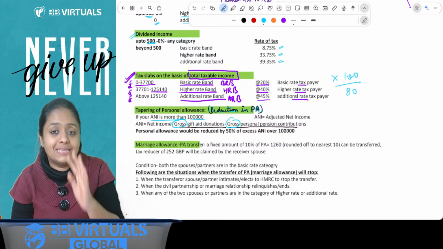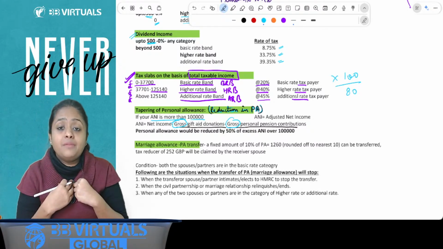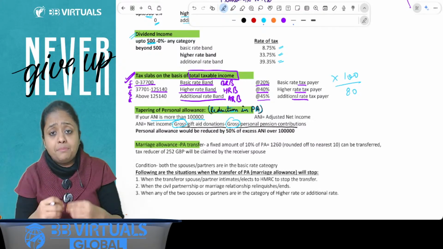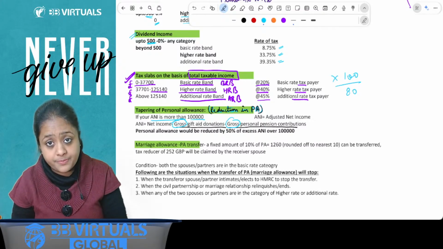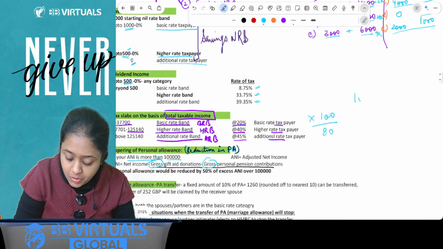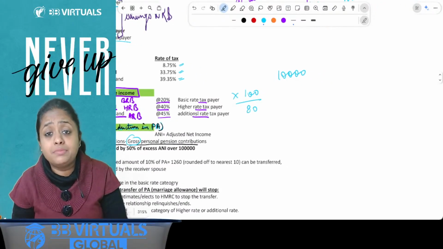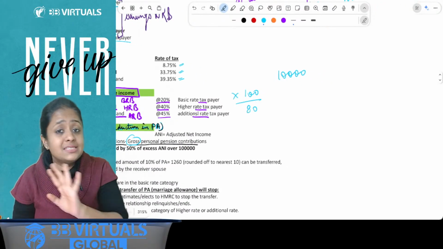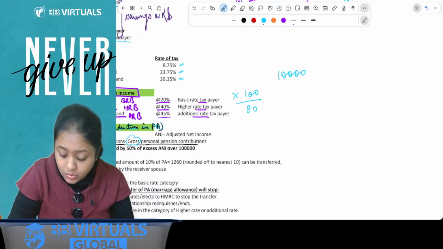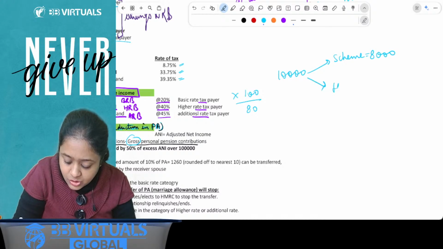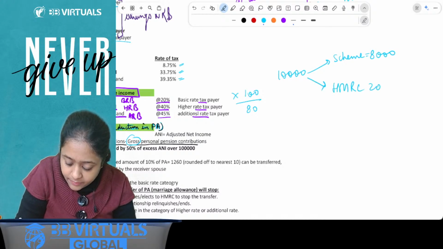Now why? I'll tell you a reason. Let's say I'm making a donation to a charity, or I'm making my pension contributions. From your pocket, you gave 10,000. But how much is going to the scheme directly? The scheme is not receiving 10,000 directly. To the scheme, it is going only 8,000. And 2,000 actually goes to HMRC.